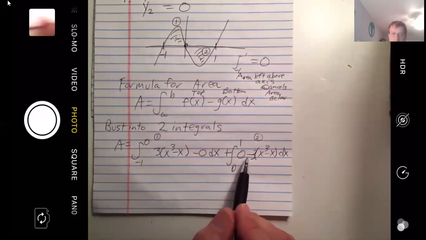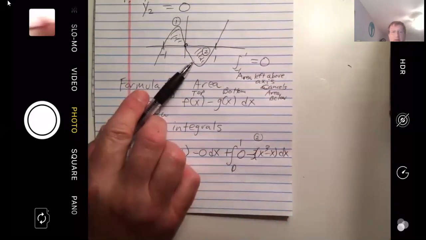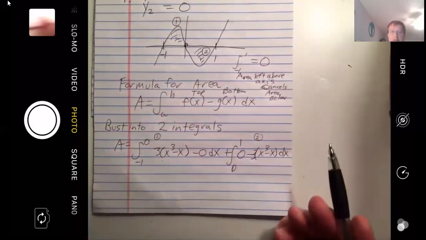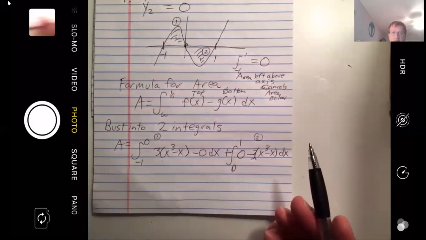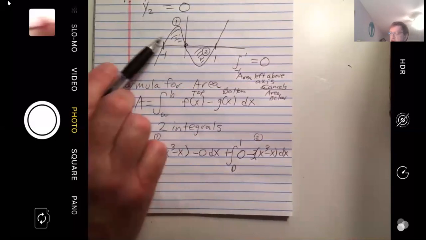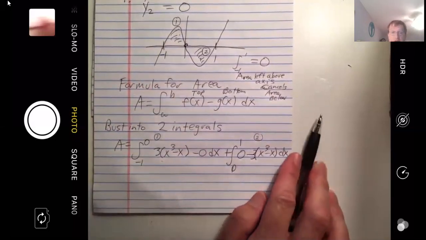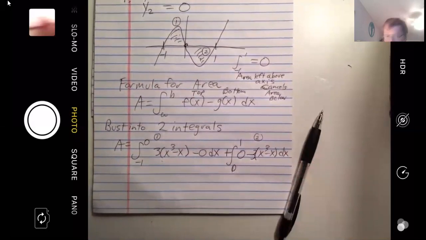If you're sharp, you can take advantage of symmetry. You could pick any one of these and double it, and you get the same answer. You could put a 2 and pick any one because this area here equals this area here. Should we pause for station identification to see if we've lost anybody?